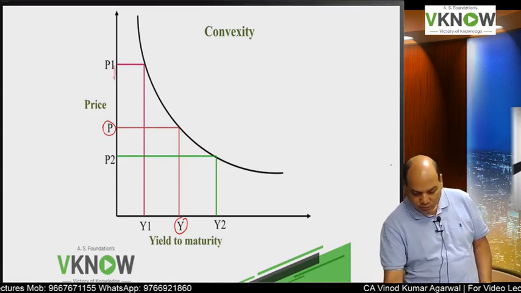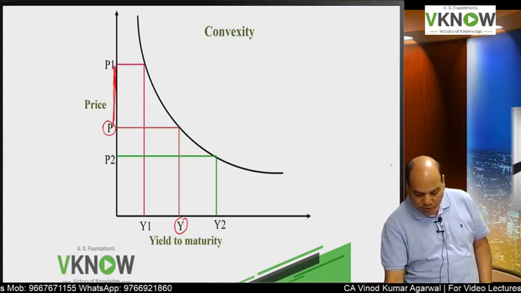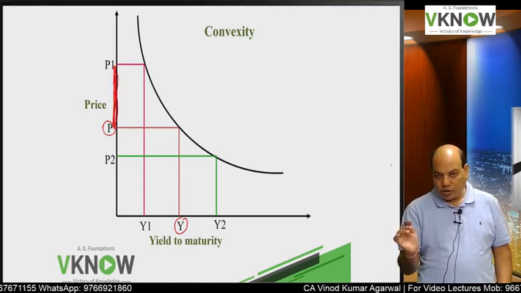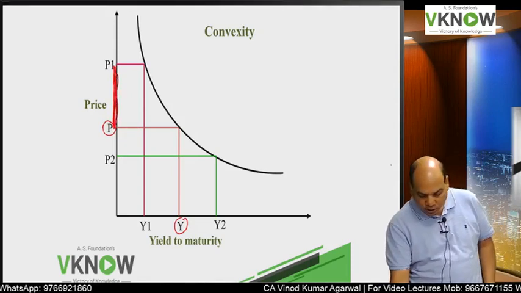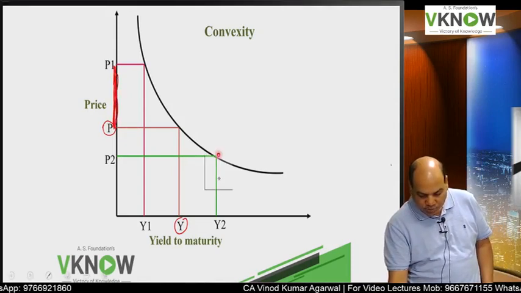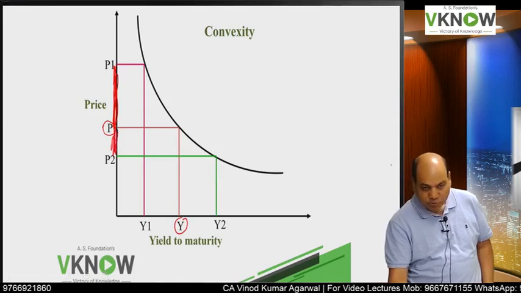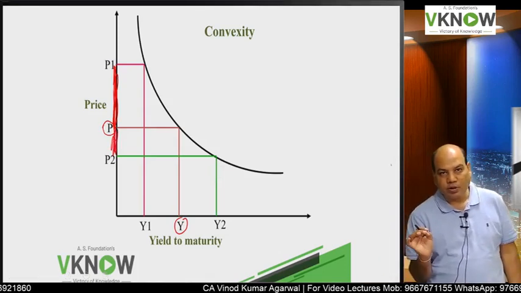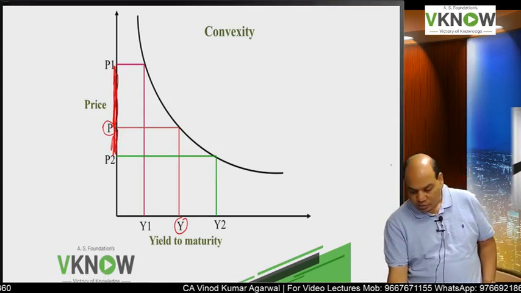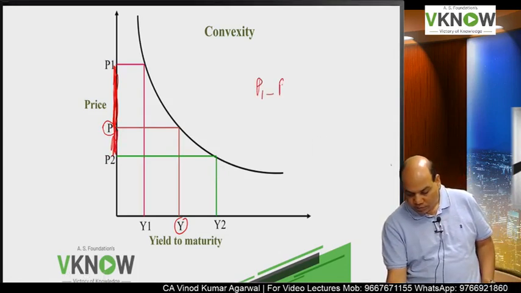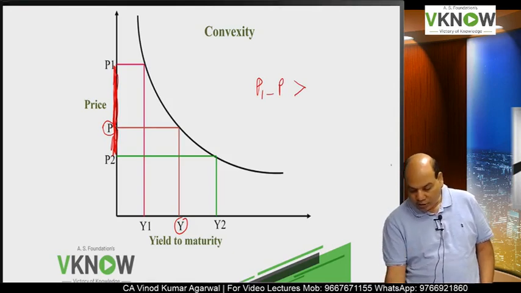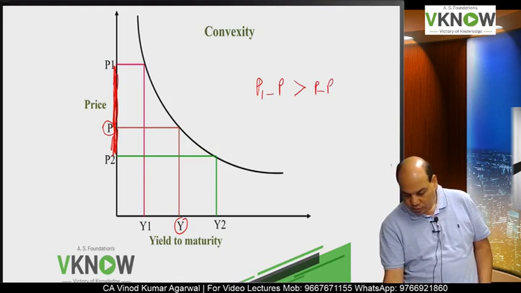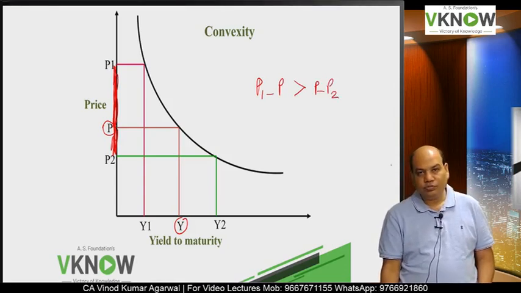You can see here this P1 minus P is the change in bond price when YTM falls, and this P minus P2 is the change in the bond price when YTM increases. So can you say P1 minus P in this diagram, you can easily see, is greater than P minus P2.